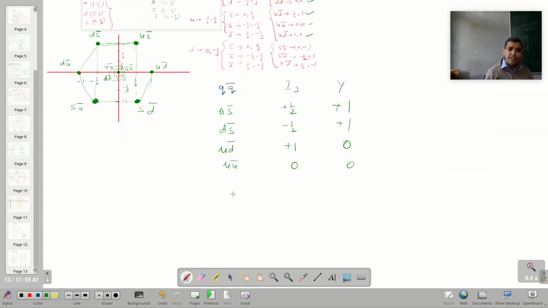Then du bar, its value will be minus 1 and 0, and for dt bar its value will be 0 0, and then for sd bar its value will be plus 1 by 2 and its value will be minus 1, and su bar its value will be minus 1 by 2 and it is minus 1, and for ss bar its value will be 0 0, right?